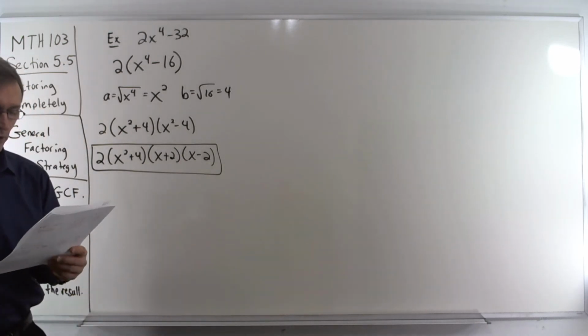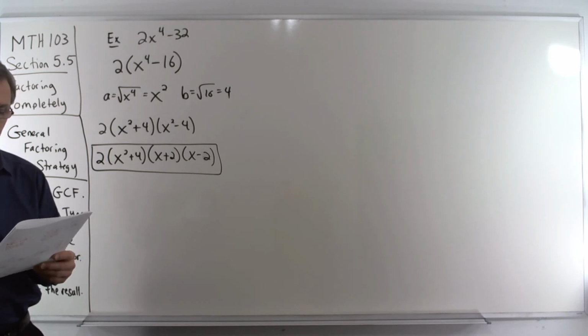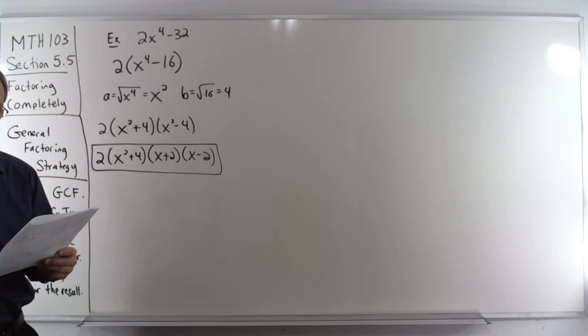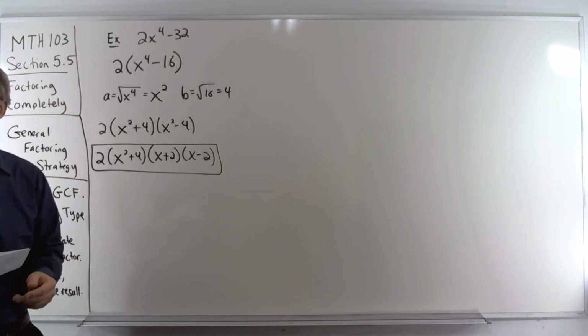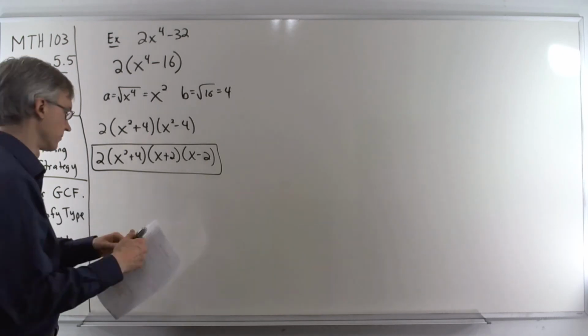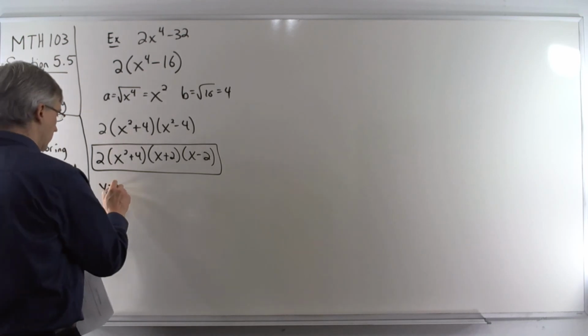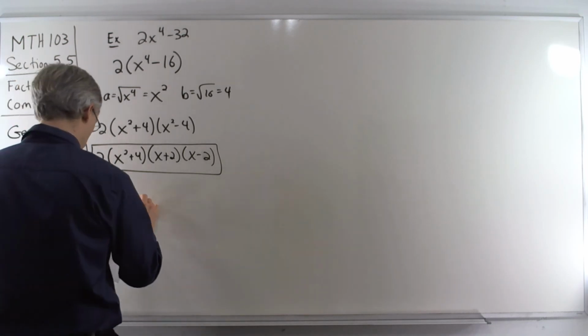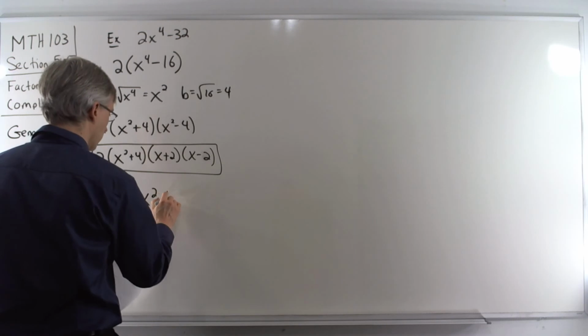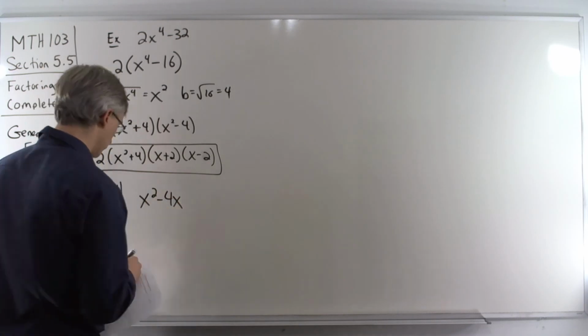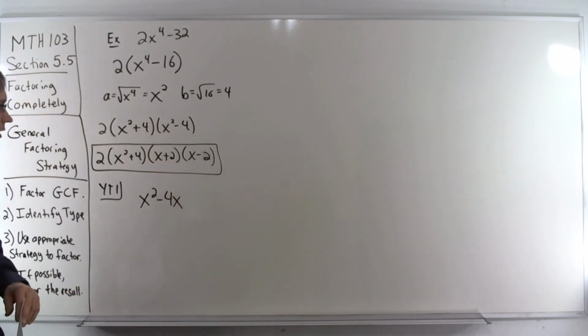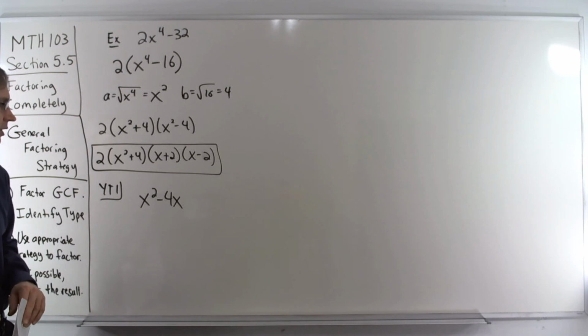All right, your turn, number 1. Use the general factoring strategy, and let's go through this one. Let's just do number 1, and then we'll go on and do the rest. So for this one, we got x squared minus 4x.